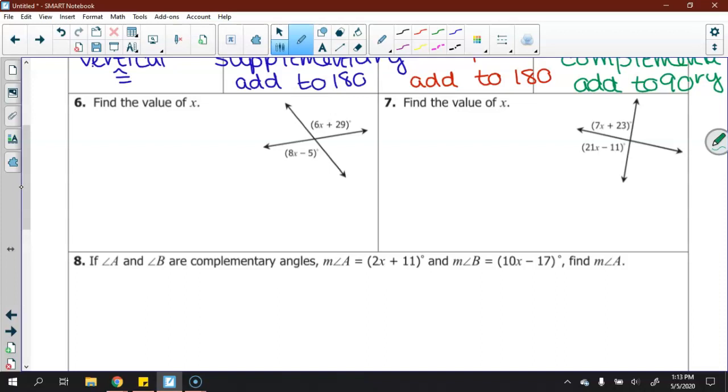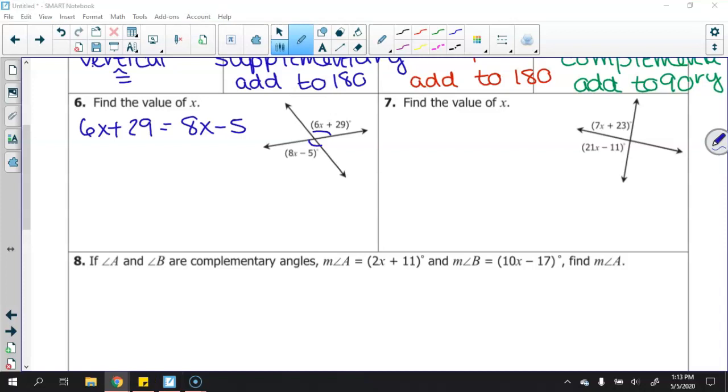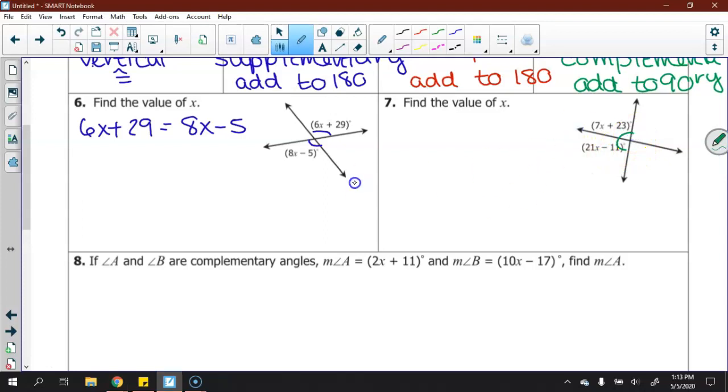Okay. So if I start with number 6, these two are vertical angles, which means they are congruent. Okay, so I know 6x plus 29 equals 8x minus 5. All right, for 7, those are a linear pair, so they make 180 degrees.